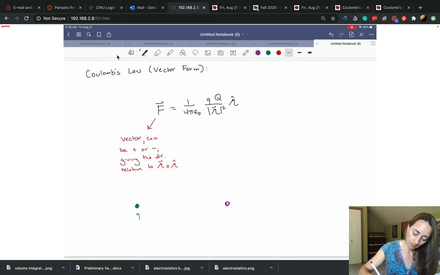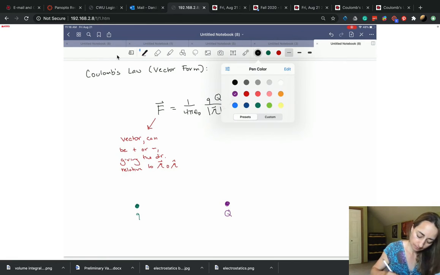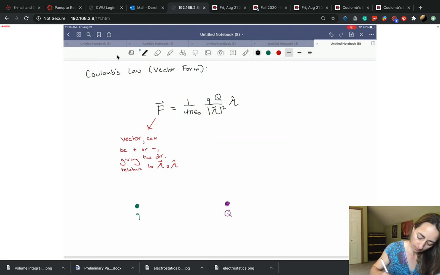The big Q. Our r vector, this is important. I'm going to draw it down here.